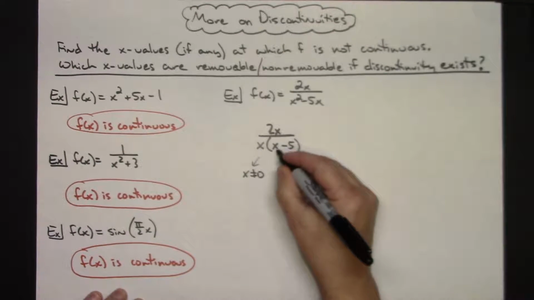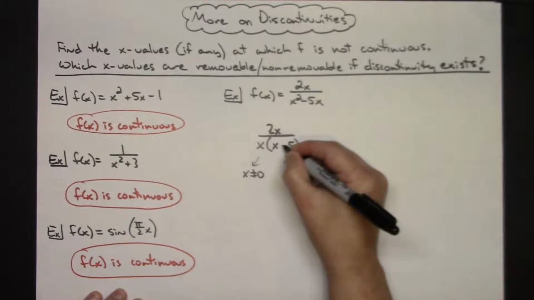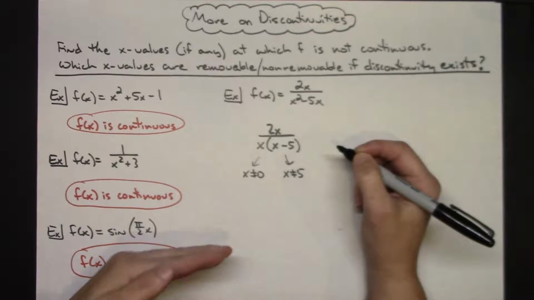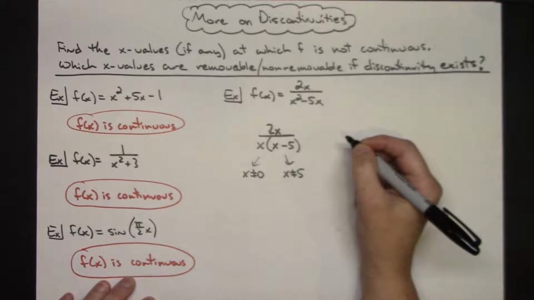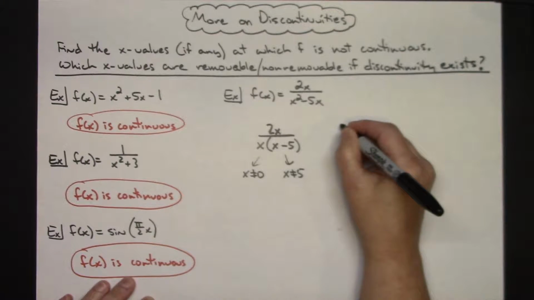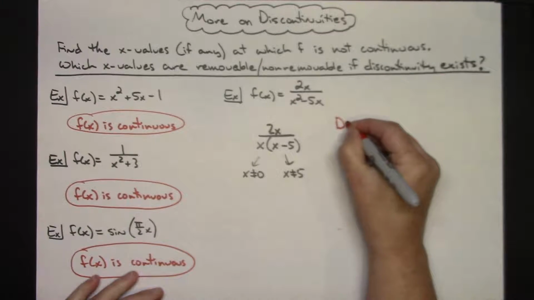Looking here, I cannot let x equal 5 because if x is 5, again, I've got a 0 right there. So from seeing these restrictions in my denominator, I know that the function is discontinuous. Let's write that out.